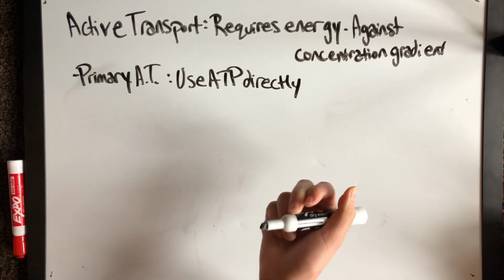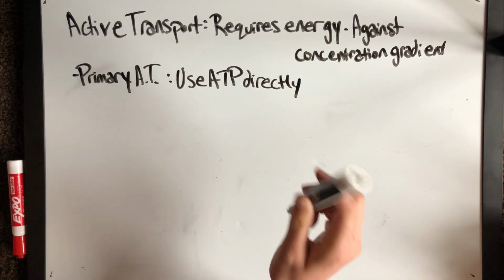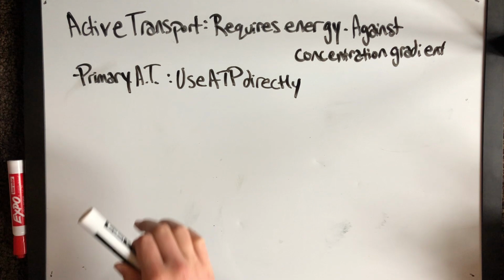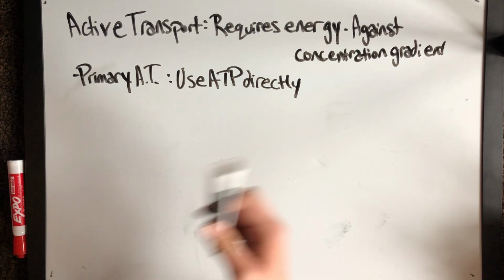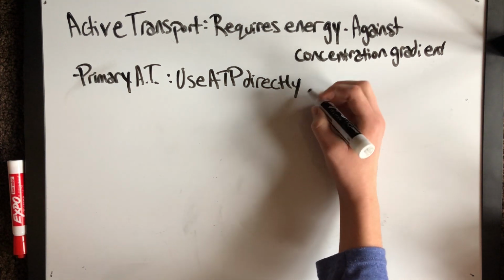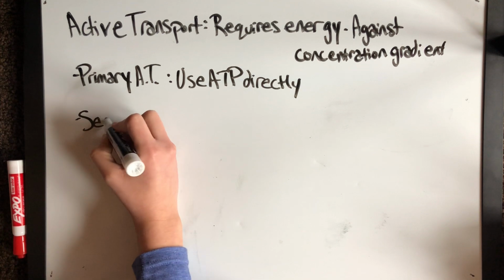ATP is going to directly bind or interact with these carriers, and we're going to use that energy directly to move things against their concentration gradient. And then secondary active transport.